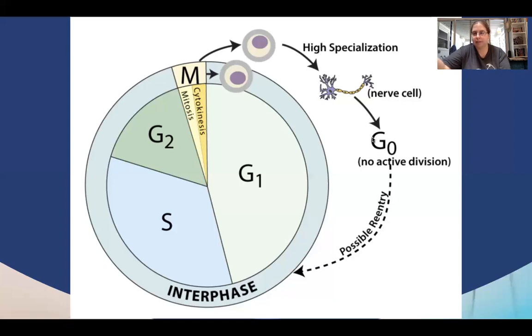So if it recognizes, again, that's the key right there. If it recognizes that there is an error, it removes it from the cell cycle and it enters G naught. If it fixes the error, it can go back into the cell cycle, it can return to it. If it can't, then it will destroy itself.